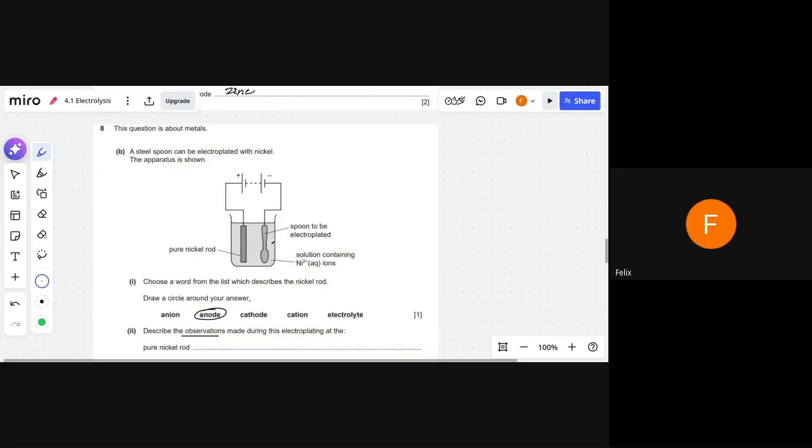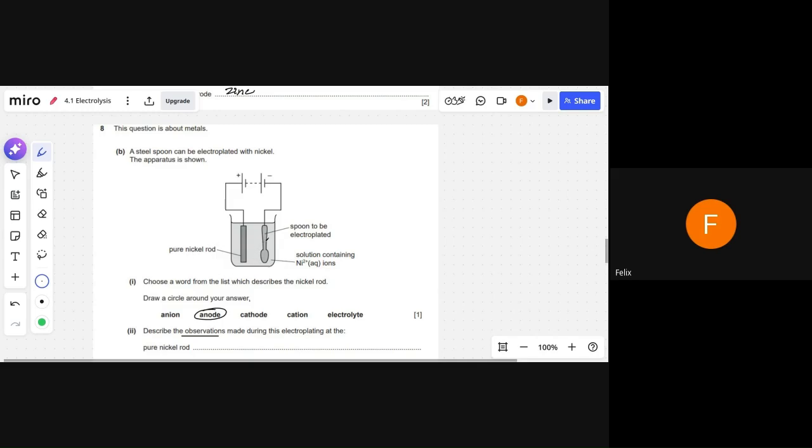If you want to electroplate it in gold, the anode must be a pure gold rod. And about the electrolyte, the solution must contain the ions of that material.